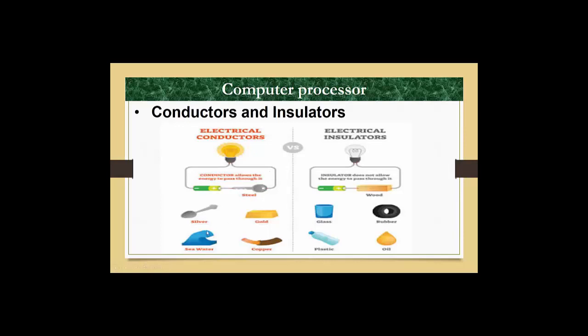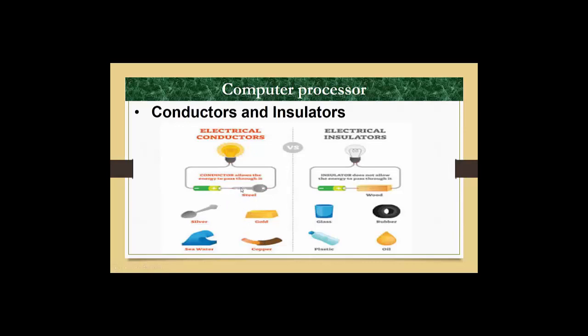But students, as you're seeing, this section shows the conductors, and this section shows the insulators. Insulators, students, are like plastics, oil, rubber, and glass, and the conductors are like wires, aluminum, and copper.